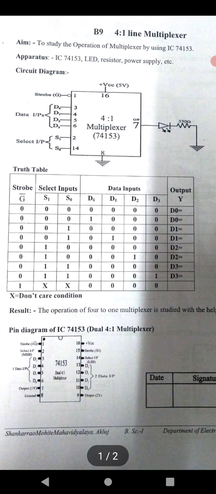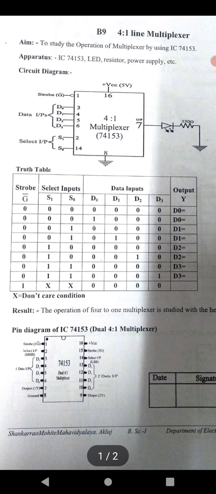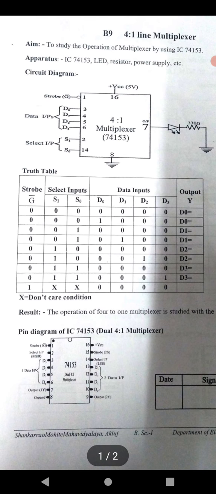Then see the truth table. This truth table consists of the strobe line G bar, select input lines S0, S1, data input lines D0, D1, D2 and D3, and output line Y. In the strobe line, select lines and data input lines, we apply different logical 0 and 1 combinations.